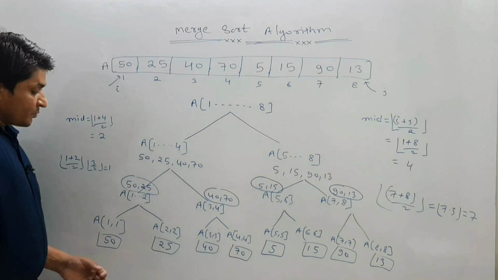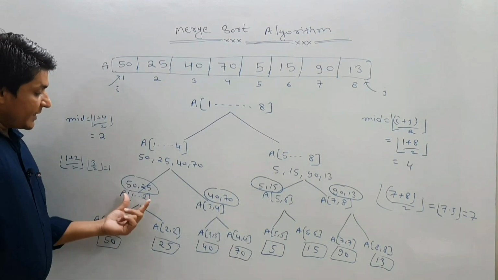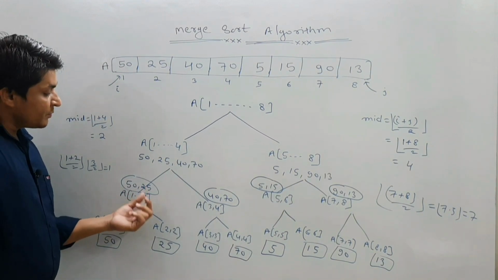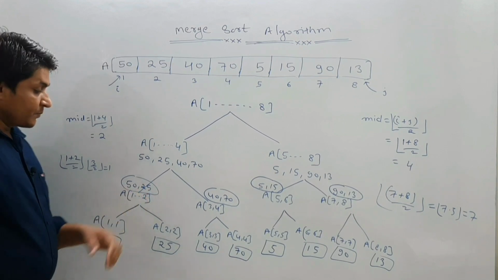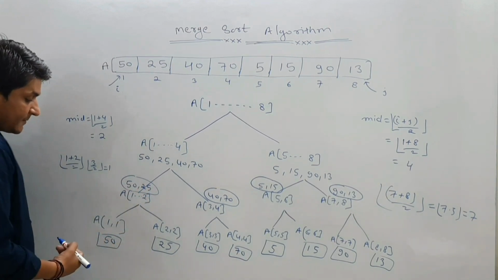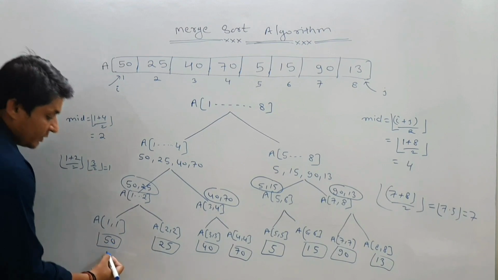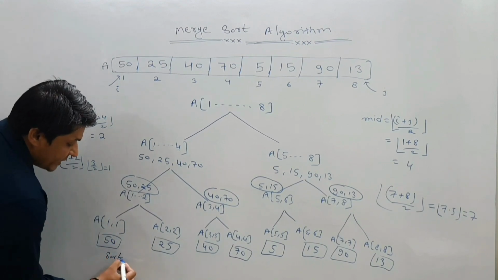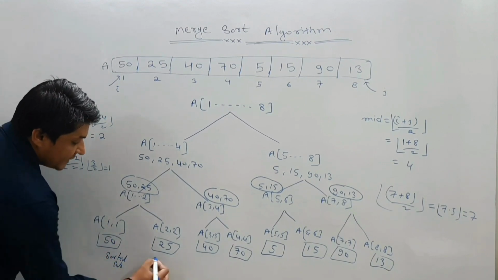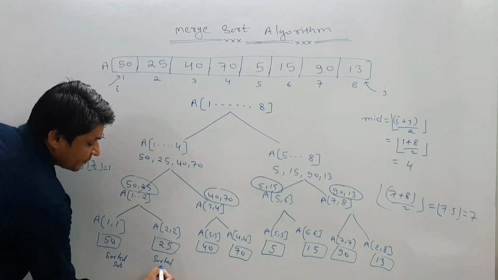Now what to do? Now we have to merge these two sorted arrays in such a way so that we can get one sorted array. Let me explain this. Let's suppose we are having this sorted subarray, and this is also one sorted subarray.